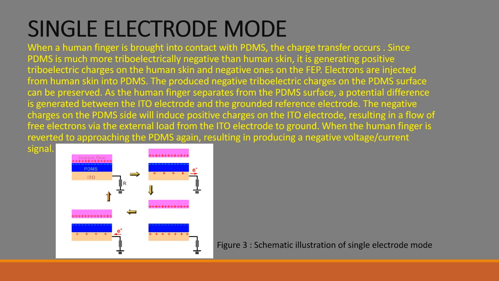The produced negative triboelectric charges on the PDMS surface generate a potential between the ITO electrode and the grounded reference electrode. The negative charges on the PDMS side will induce positive charges on the ITO electrode, resulting in flow of free electrons via the external load from the ITO electrode to the ground. When the human finger is reverted to approaching the PDMS again, it produces a negative voltage current signal.